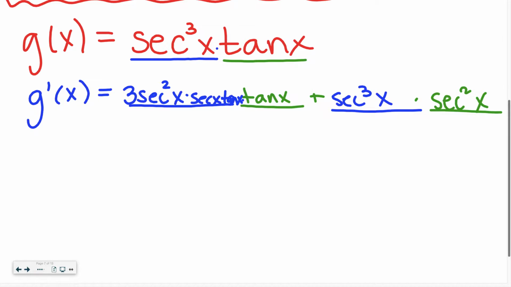Okay, so power rule, the 3 came out in front, changed to a square, times the derivative of our inside function secant, which is secant x tangent x. Do you understand why I'm saying you have to practice this? Every problem is different.